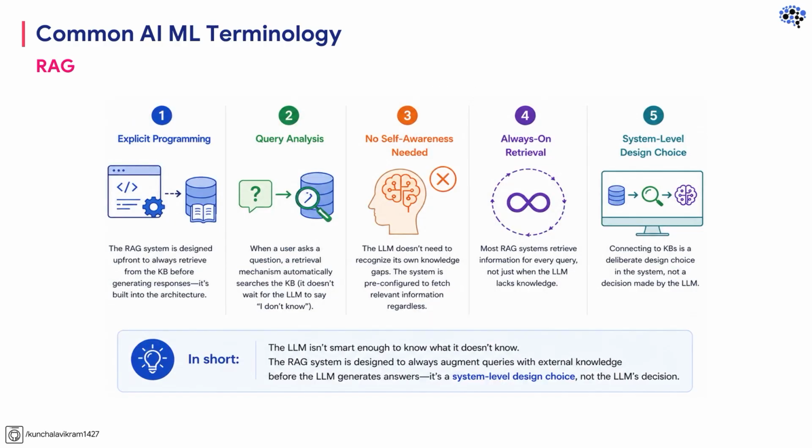Okay, so the common question that we usually get is, do LLMs use RAG? Like, will LLMs do the actual retrieval and augmentation? No. Basically, LLMs aren't smart enough to know what they don't know.